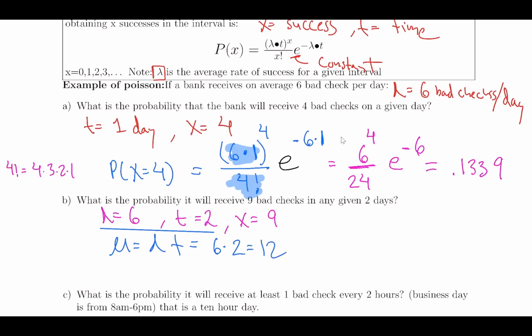That should make sense: if I'm doing it for 2 days, the number of bad checks should double. If in one day I see 6 bad checks, in 2 days I should see 12. So when we go back to ClassCalc, we're going to use mu equal to 12 and x equal to 9.